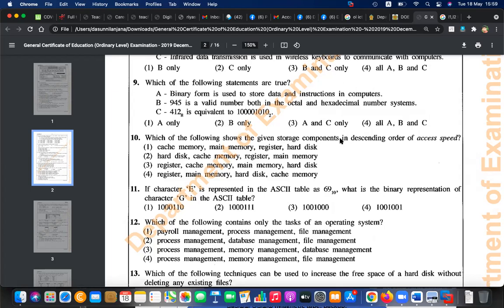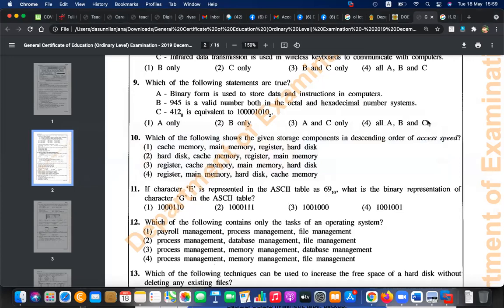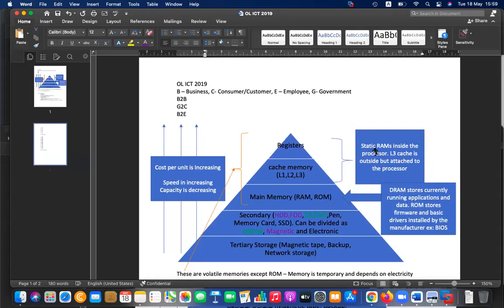Is it the hard disk or the register? The register has the highest, right? Yes. Now you drew the table, didn't you? Speed increases going upward. So they are asking about this. That's why it's the same question. So where is the hard disk? Here, HDD. Hard disk drive, secondary storage, HDD.